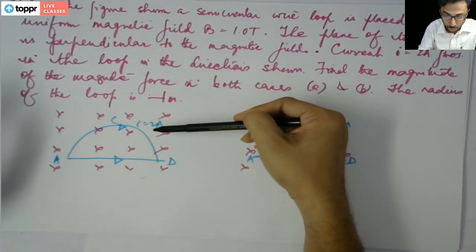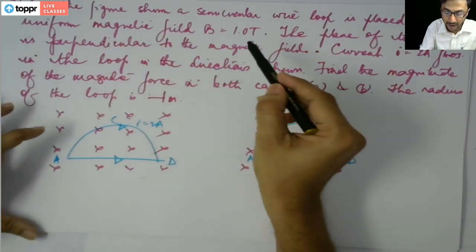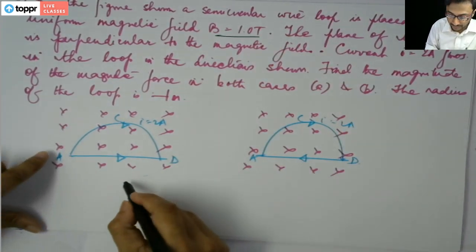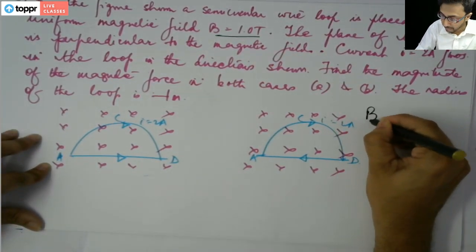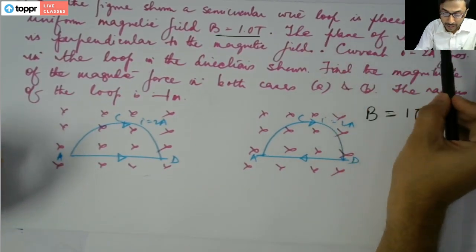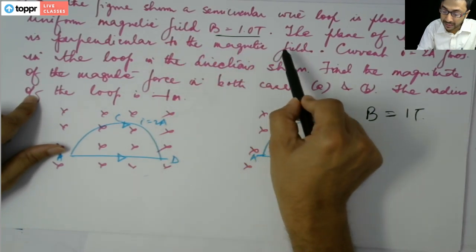In the figure shown, a semicircular wire loop is placed in a uniform magnetic field, B equal to 1 Tesla. The plane of the loop is perpendicular to the magnetic field.